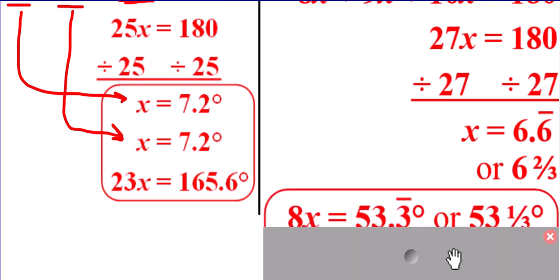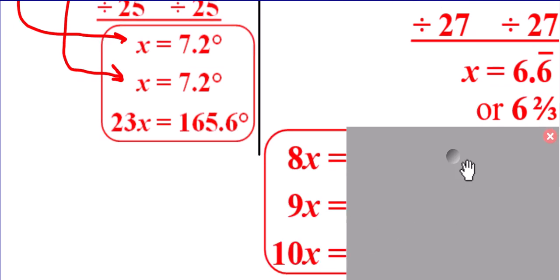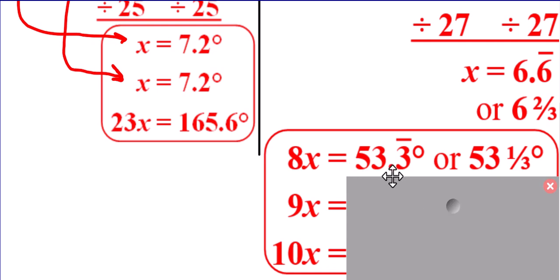So when you do 8x and 9x and 10x, it would be so much better to do 8 times 6 and 2/3 than it would be to try to type in 8 times 6.6666666666666. Now, I've seen some kids do it, and they get really close to getting a 53.33333333, except the very last digit might be a little bit different because, again, you can't really do a repeating decimal when you type it into a calculator.